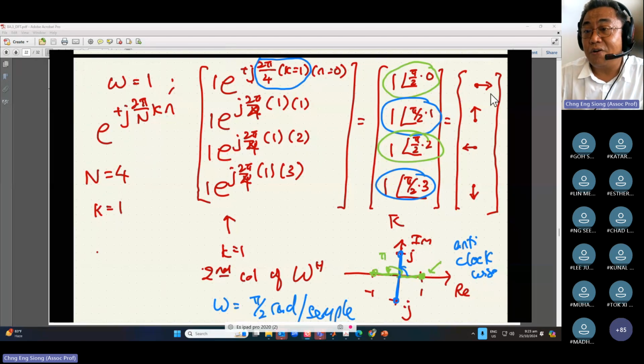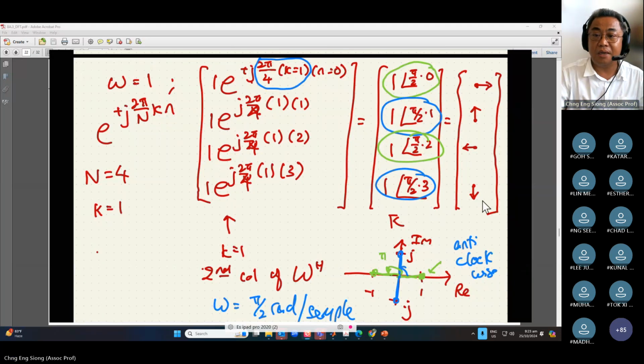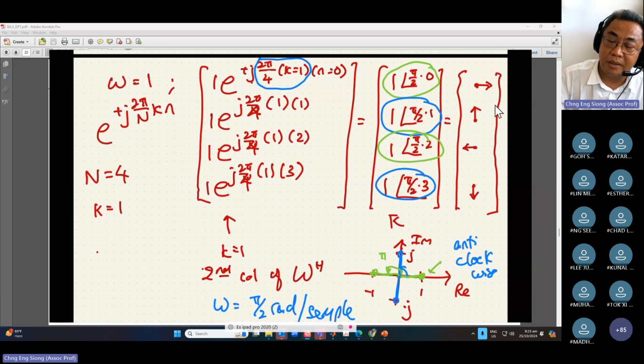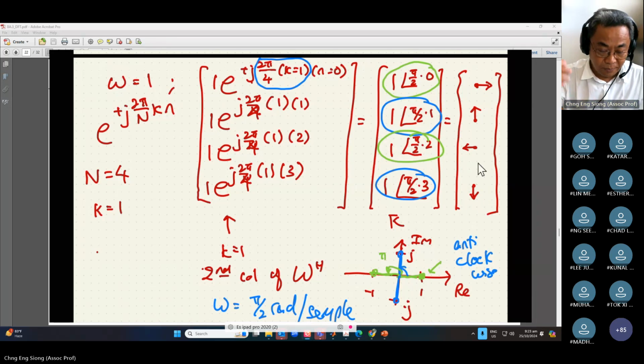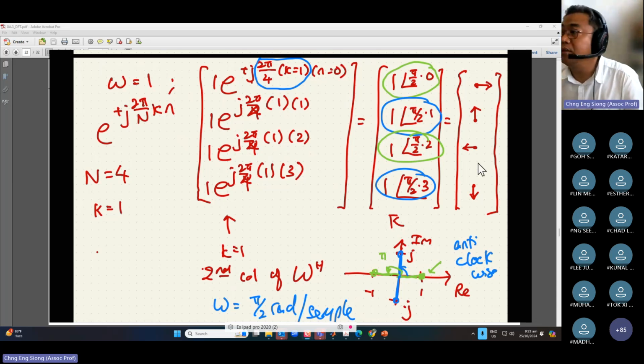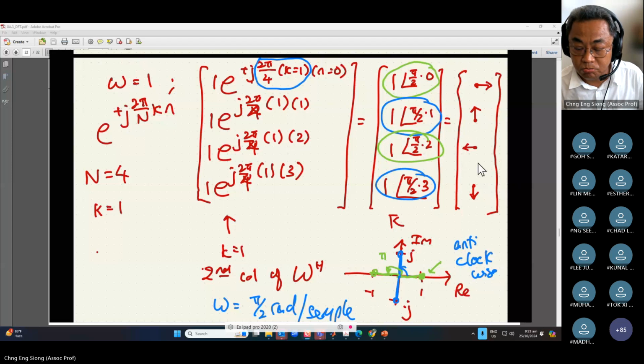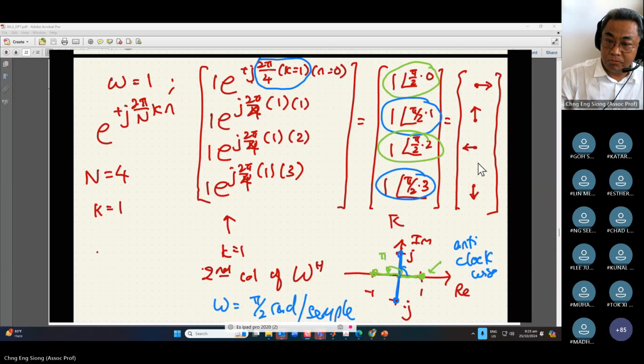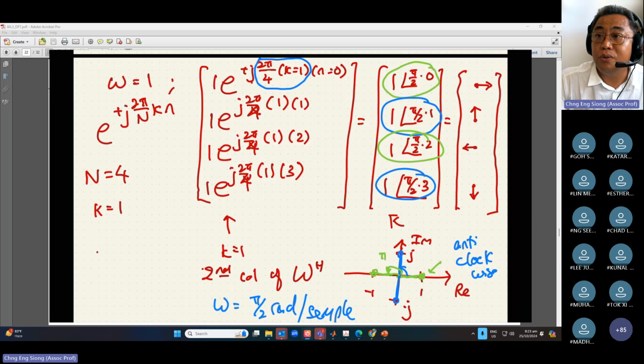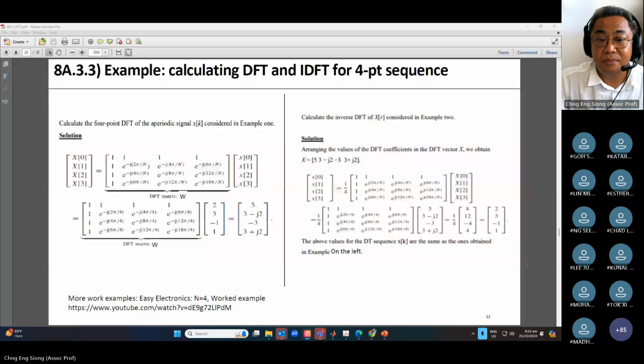So in these 4 elements, you see a complex phasor that is rotating anti-clockwise. After 4 samples, he will repeat himself, and so on and so forth. Clear, everybody? Okay, if you're clear, I will show you in MATLAB how we actually view this.